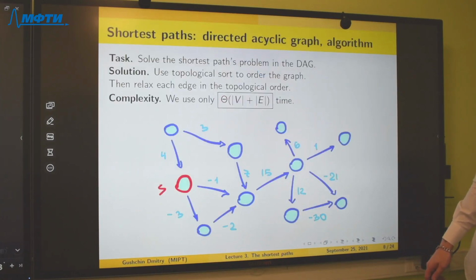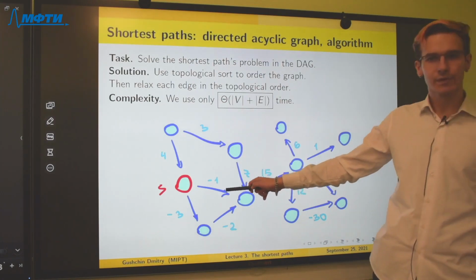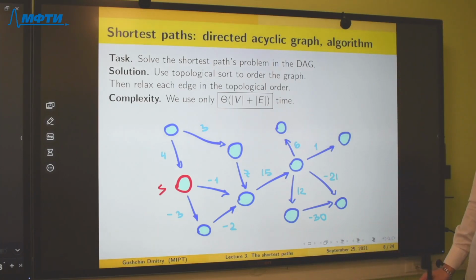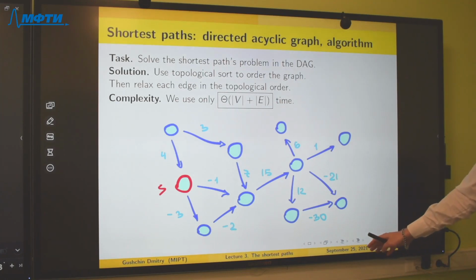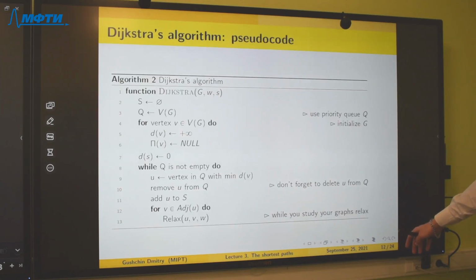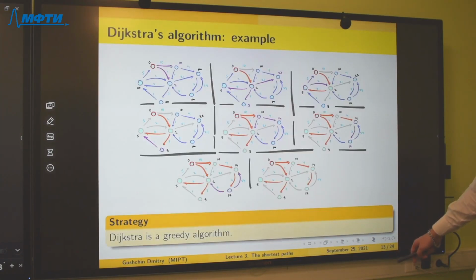If we have negative numbers, even if we have no negative cycles in our graph, Dijkstra doesn't work with it too. So the main disadvantage of Dijkstra's algorithm is that it doesn't work with graphs with, for example, only one negative edge.